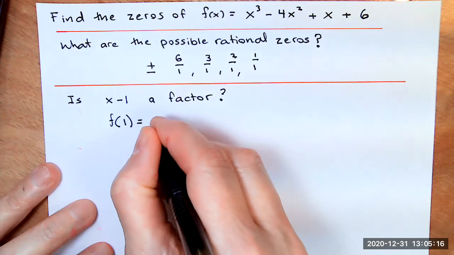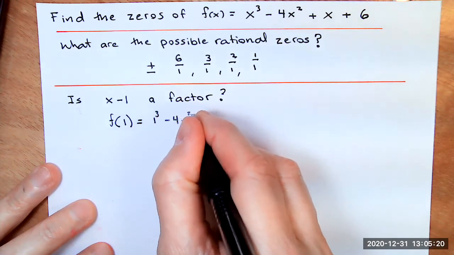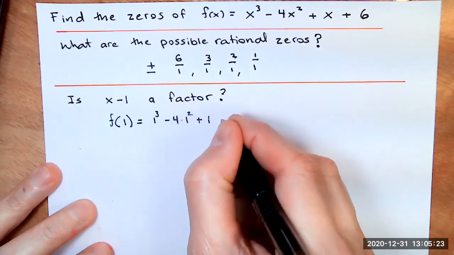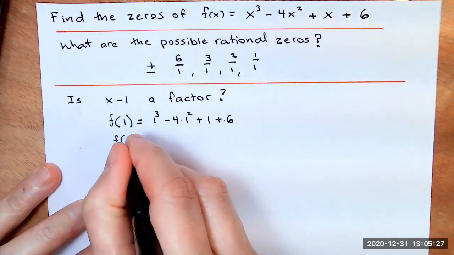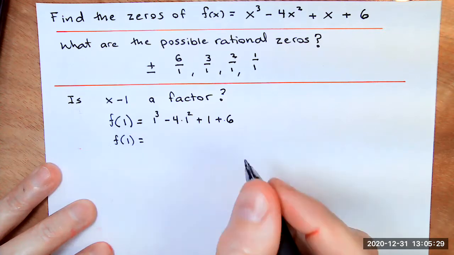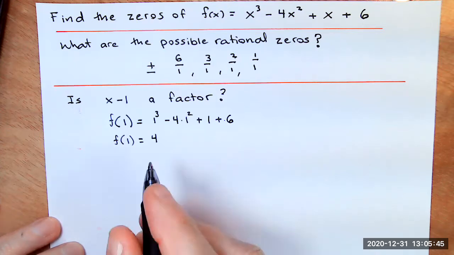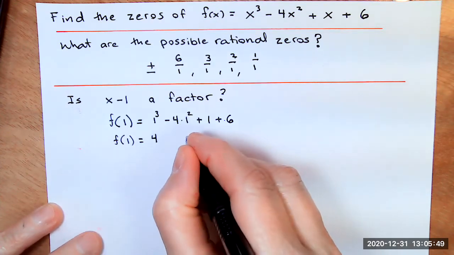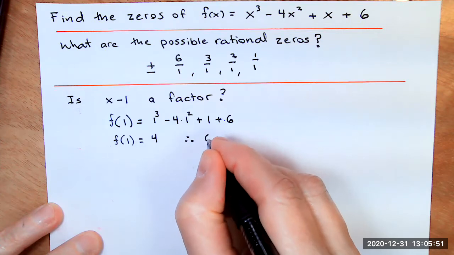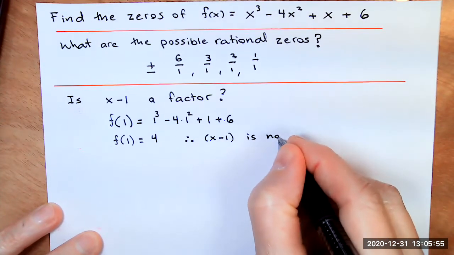So f of 1 is 1 cubed minus 4 times 1 squared plus 1 plus 6. So f of 1 is equal to 4. Therefore, x minus 1 is not a factor.